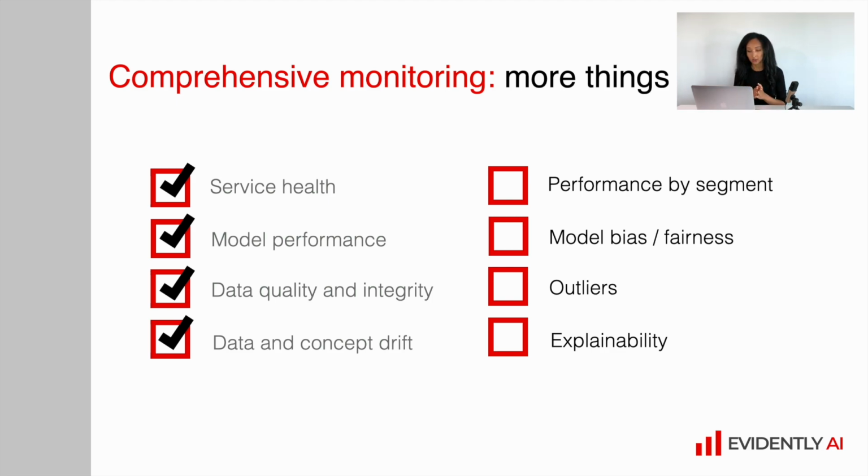Maybe you are interested in model bias and fairness. For example, if your problem statement is related to a very sensitive domain area, like healthcare, right? You might monitor for outliers if each individual error costs quite a lot. Or maybe you share with your users some information on how you generated this particular output, why you recommended this content to a user. In this case, you might want to share some information about explanations, and if you do that, it makes sense to monitor explainability as well.